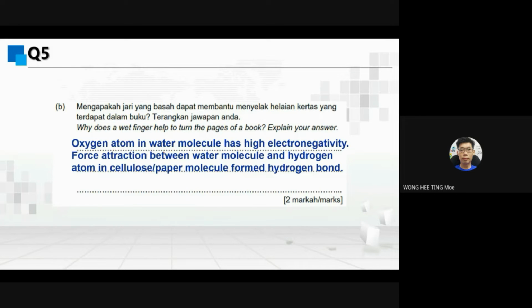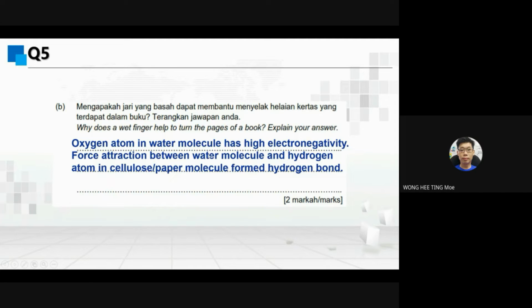For hydrogen bonds, there are a few more applications. Your hair also, the same. When it is wet, it is very difficult to comb it, right?